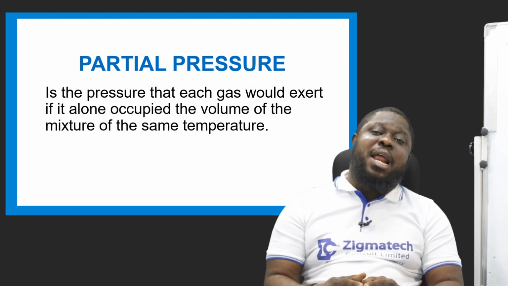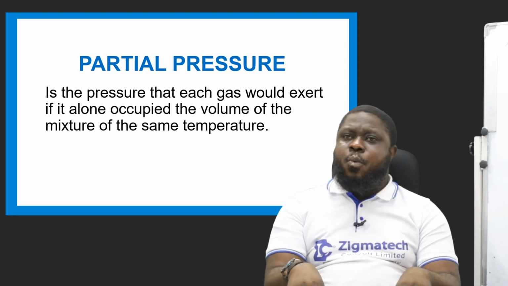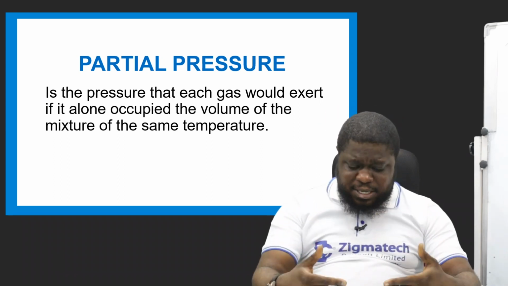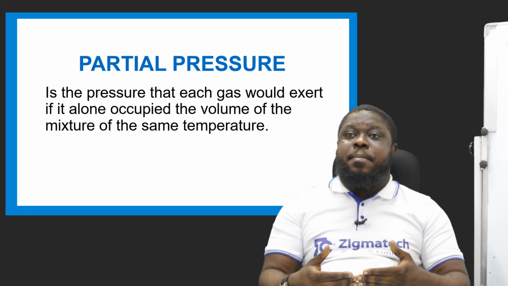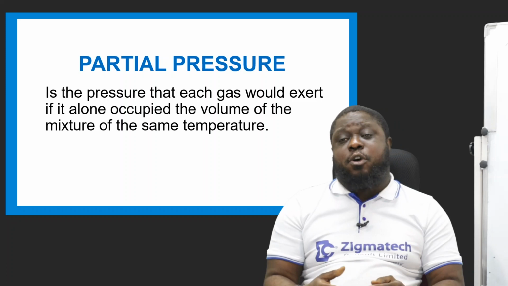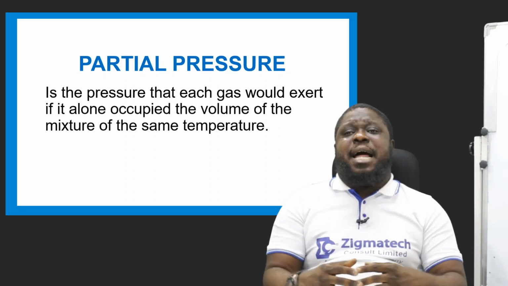When you put 3 gases together, every gas has occupied its own space. Why? Because he came to realize that all gases do not react at the same pressure. All gases do not react with the same force. All gases do not react with the same mass and density.